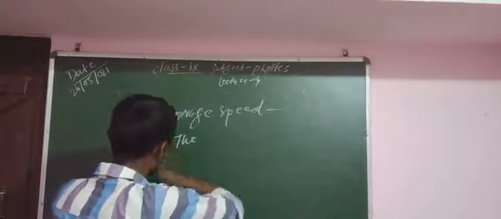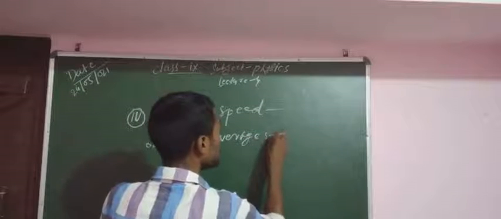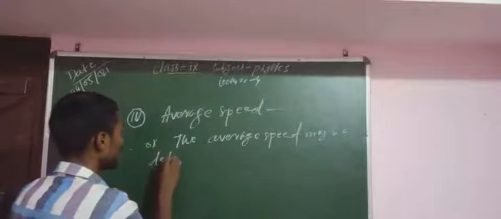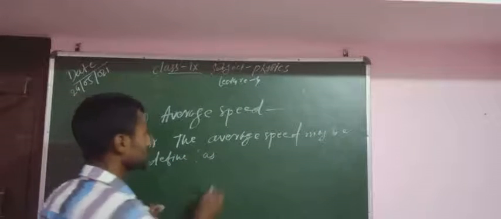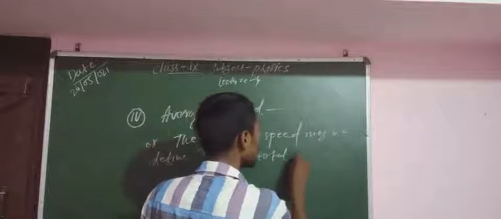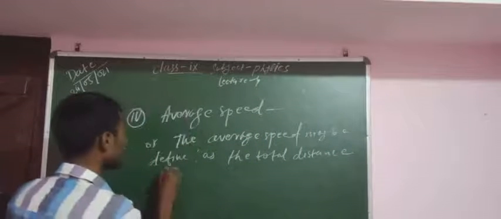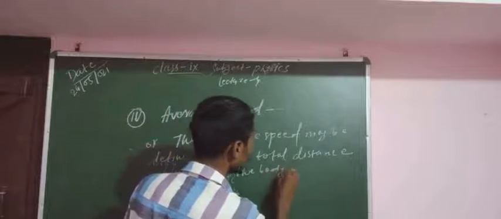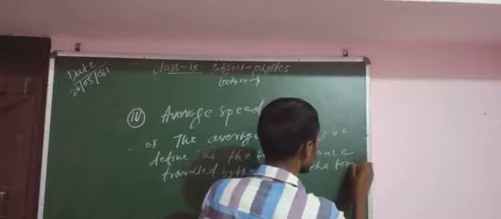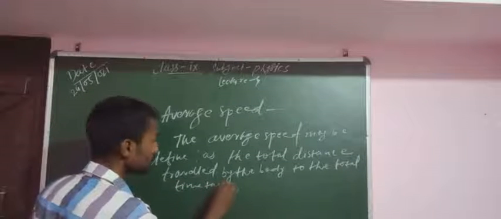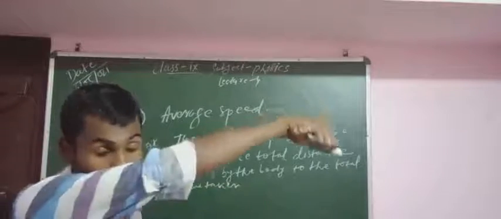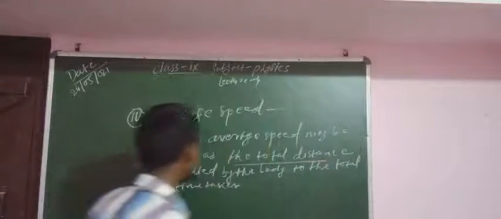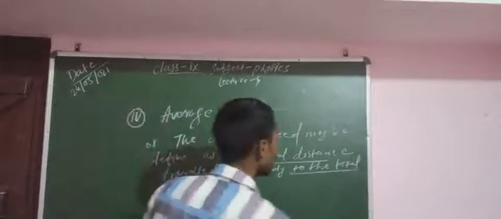The average speed may be defined as the total distance traveled by the body to the total time taken.